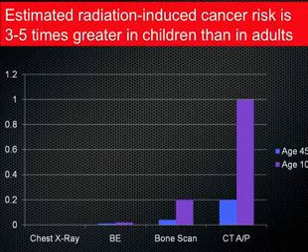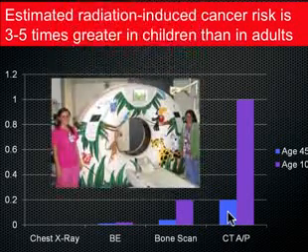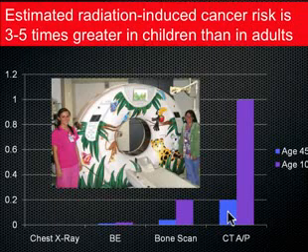And so this is what happens when you get this increase in CT scans. You can see here the estimated radiation-induced cancer risk in kids compared to adults. And as friendly as we try to make our CT scanners for kids, it's really not a friendly thing to do to a kid to CT them.